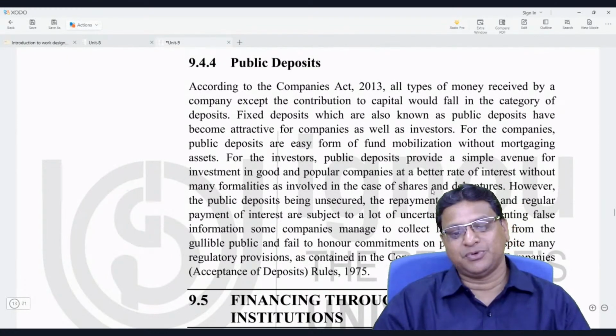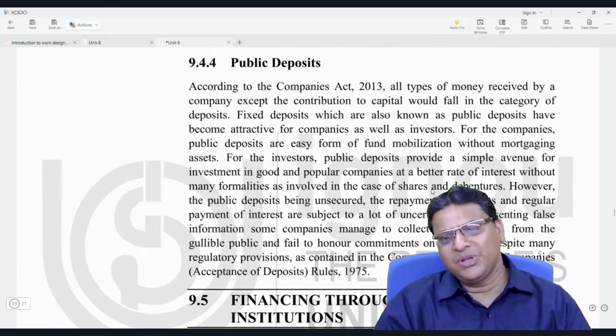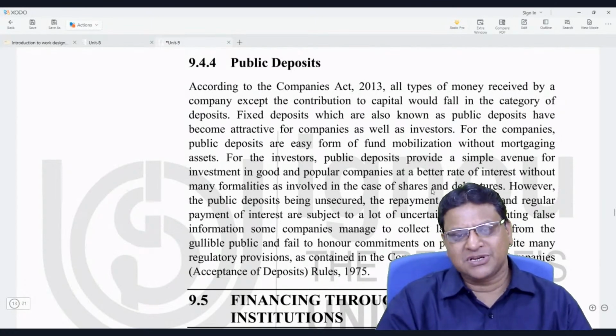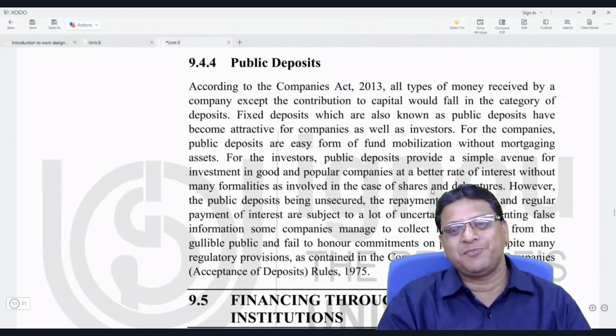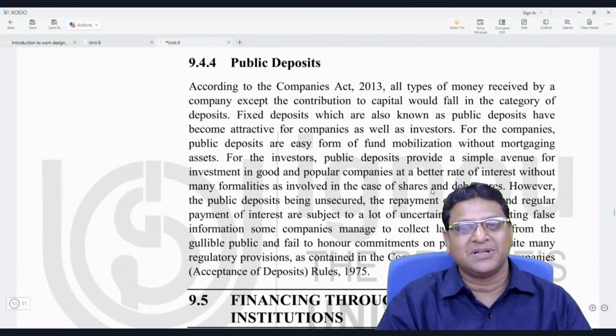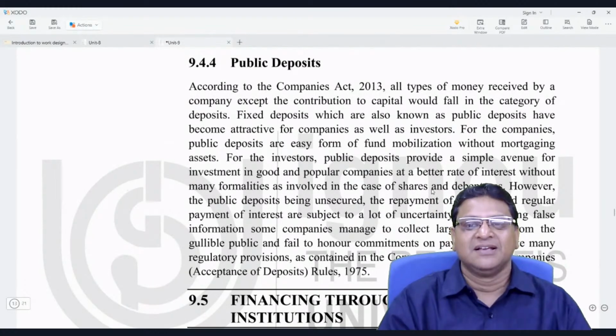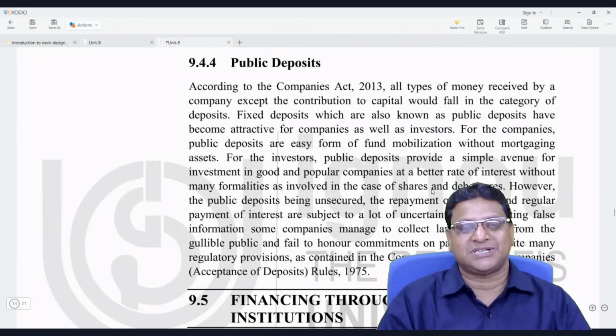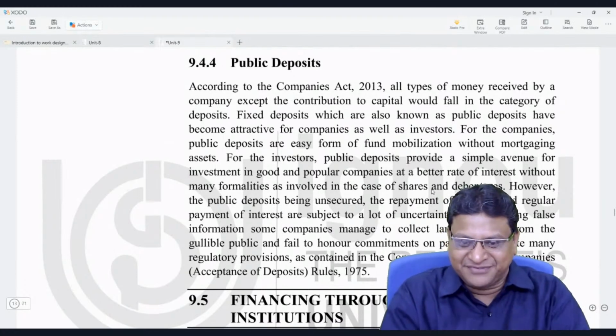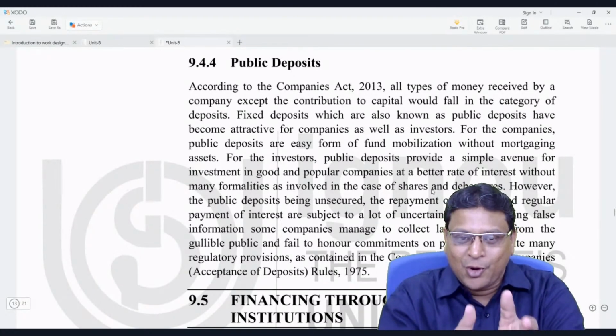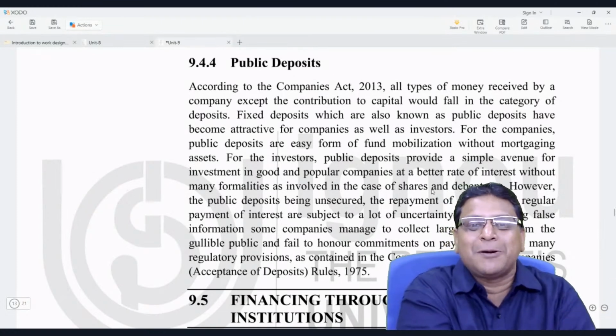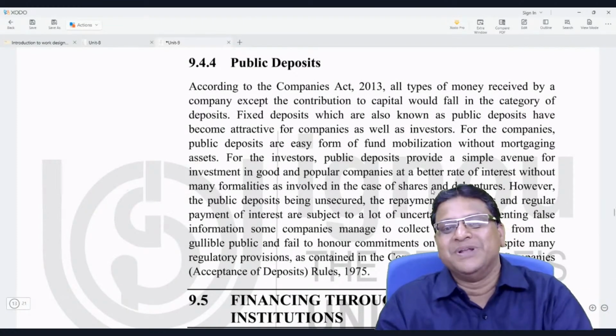What is public deposit? You know that if a person has some surplus money, he can deposit it with a bank. With a bank, we deposit the money for 2 months, 3 months, 4 months, 5 months in the form of FD, fixed deposit. And if this FD is done not with a bank but with a company, that is known as public deposit.